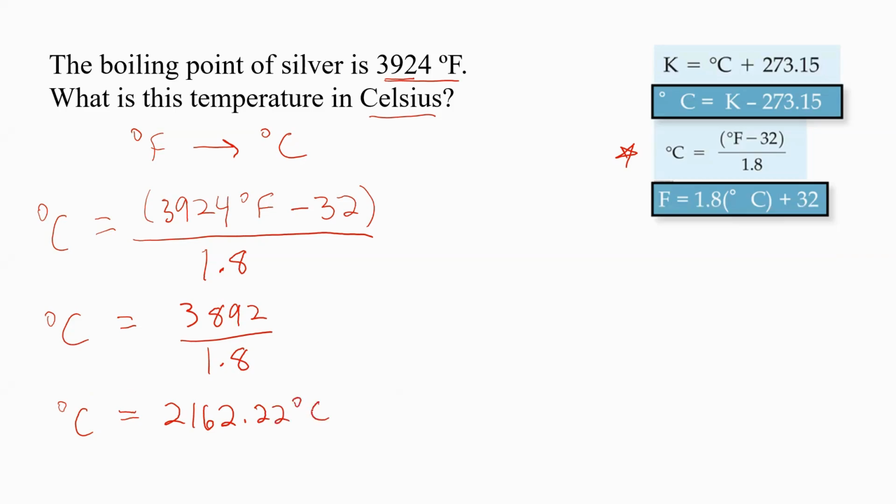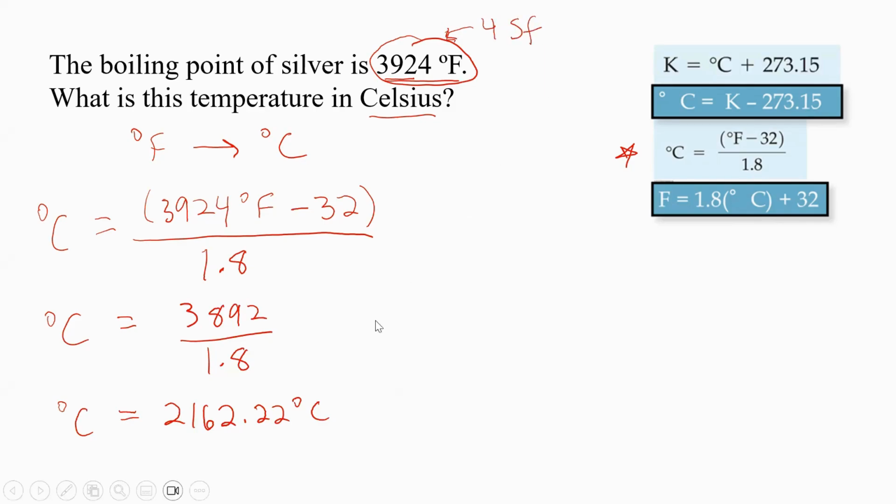2,162.22 degrees Celsius. Now, if you wanted to round this to the correct number of significant figures, we base it off of the number of sig figs from the number that is given to us. So we look at this number right here, and this number has all non-zero digits, which means that all the digits here are significant. So we have four significant figures in this number.